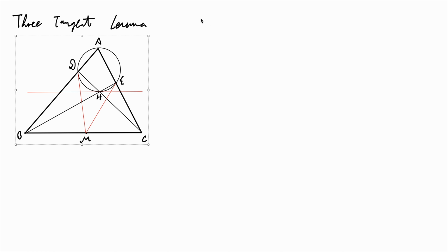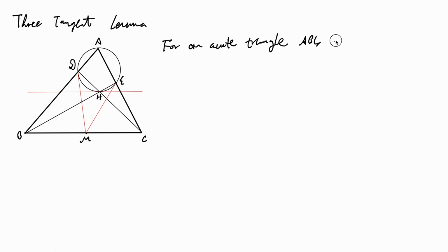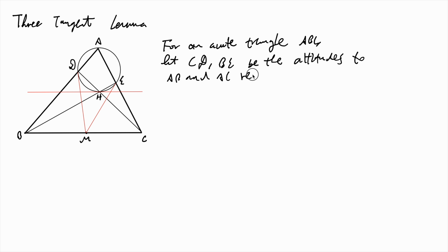So the lemma is saying, for an acute triangle ABC, let CD and BE be the altitudes to AB and AC respectively.